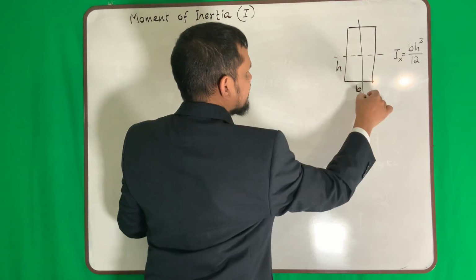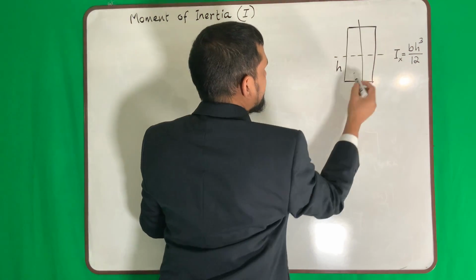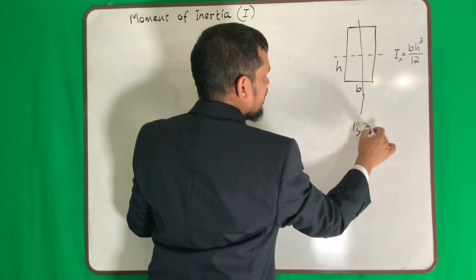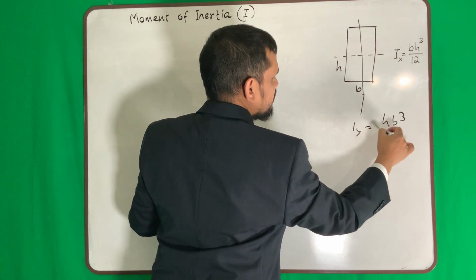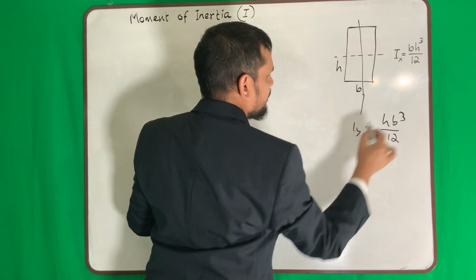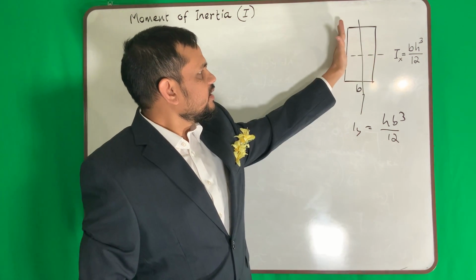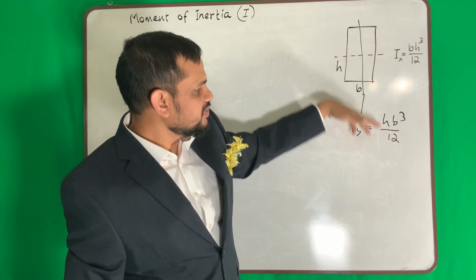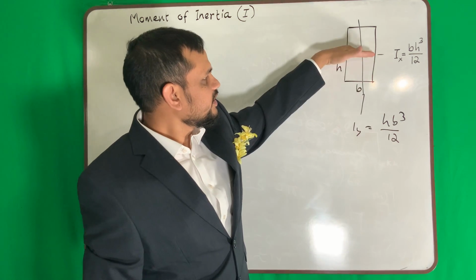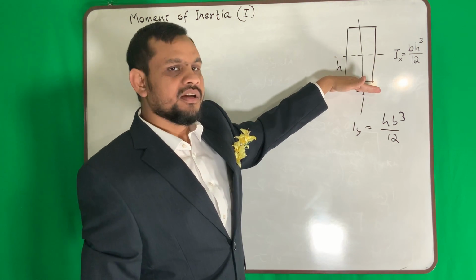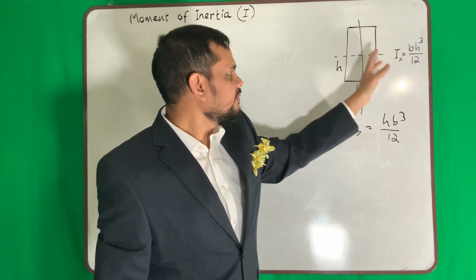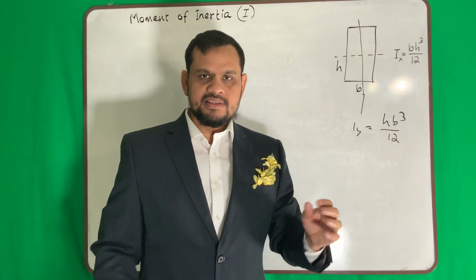For the y-axis, my moment of inertia will be h b cube over 12. That means for this axis, this times this cube divided by 12. For this axis, this times this cube over 12, about the centroidal axis.